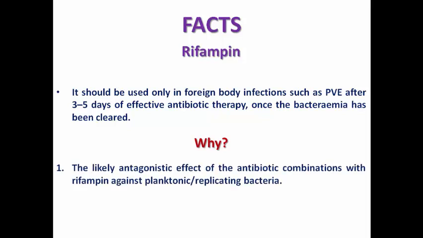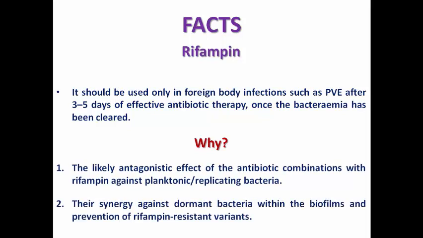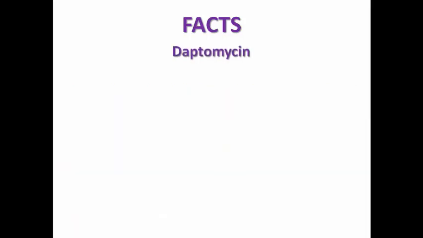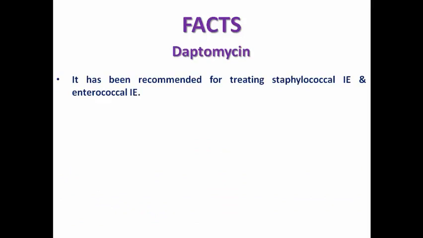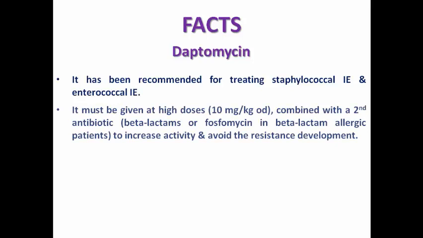Because it has an antagonistic effect for the planktonic replicating bacteria, and also it synergizes with the other antibiotics against dormant bacteria that are commonly present within the biofilms around the prosthetic valve, and also it prevents rifampicin resistant variants.